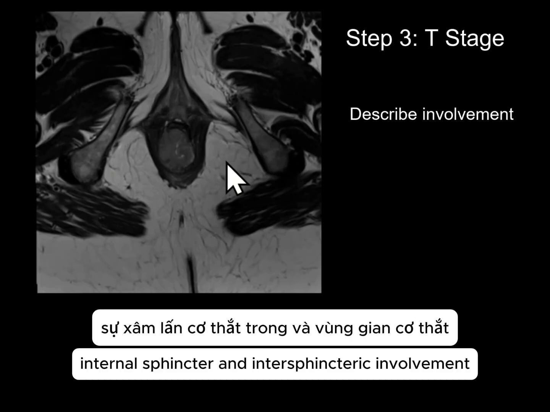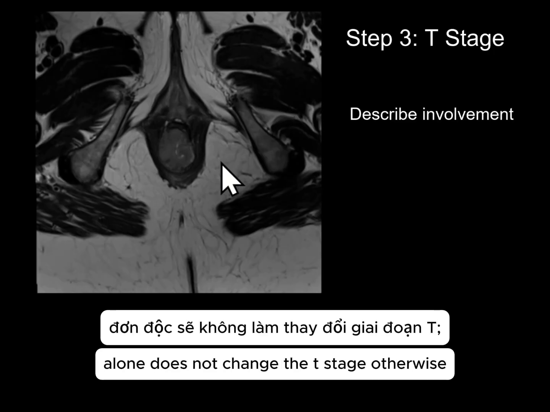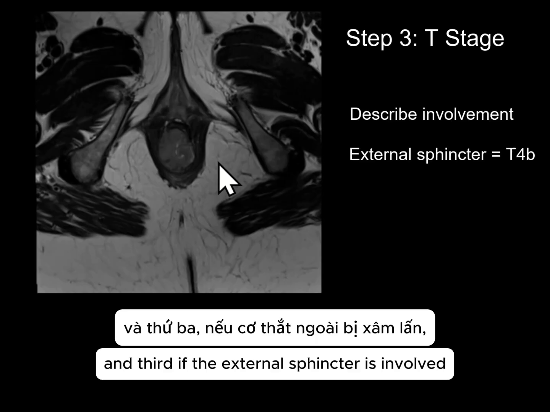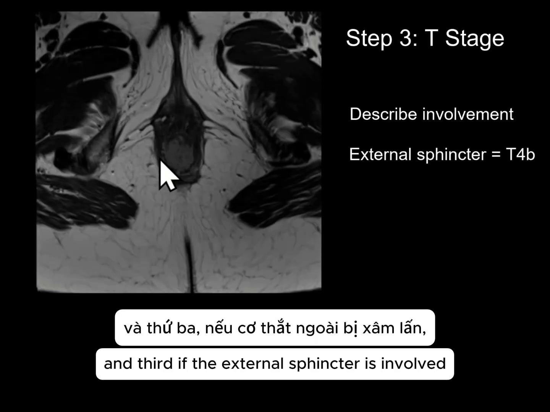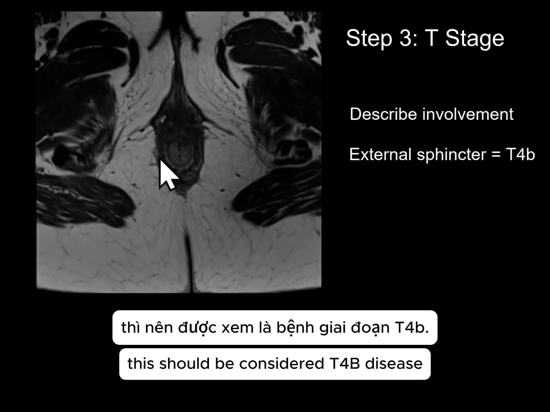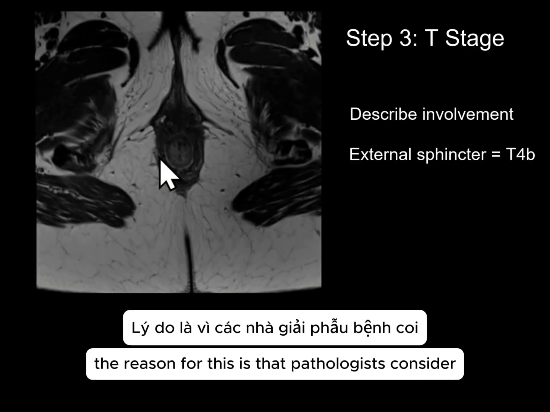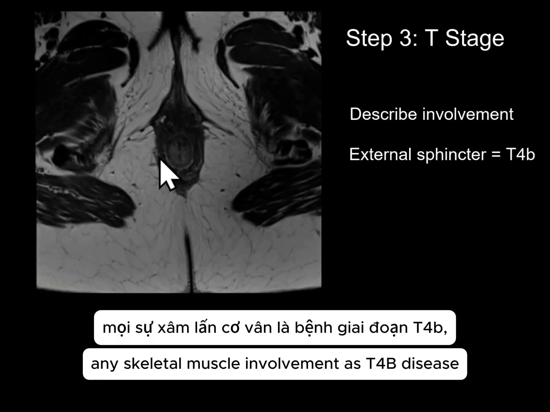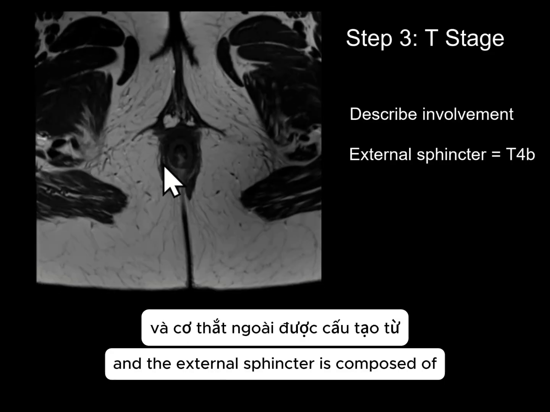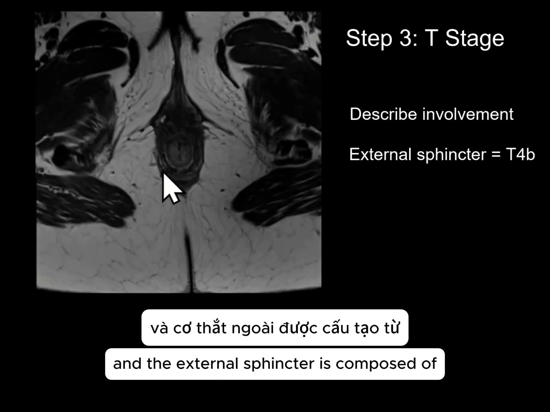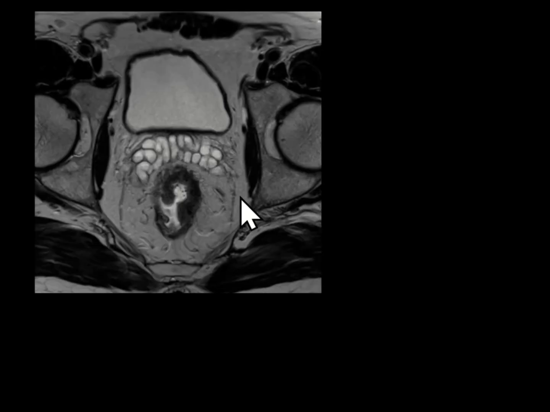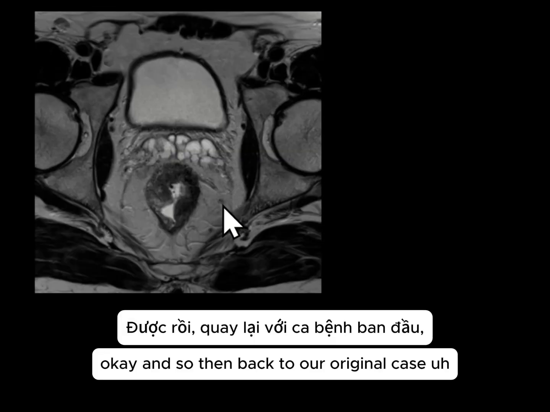Second, internal sphincter and intersphincteric involvement alone does not change the T stage otherwise. And third, if the external sphincter is involved, this should be considered T4B disease. The reason for this is that pathologists consider any skeletal muscle involvement as T4B disease, and the external sphincter is composed of skeletal muscle. Okay, and so then back to our original case.